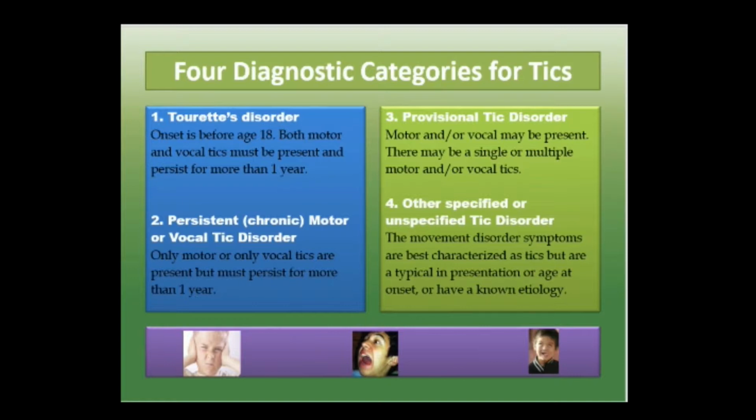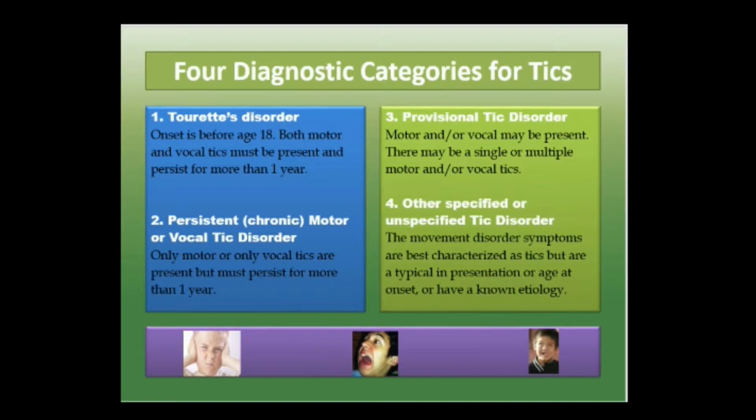And those presentations must persist for at least 1 year before you can finally say, yes, this person has Tourette's. Both those motor functions and the vocal functions. Remember the non-rhythmic, those instant presentations lasting for 1 year.